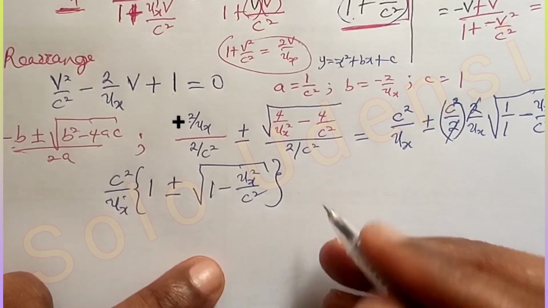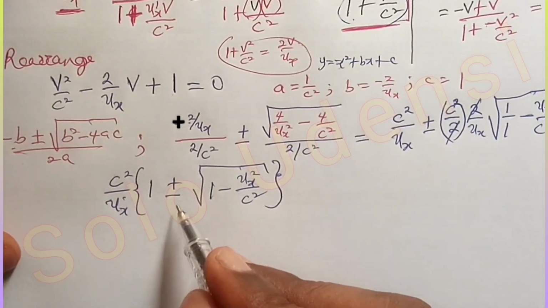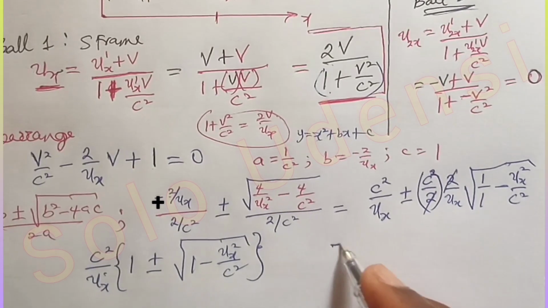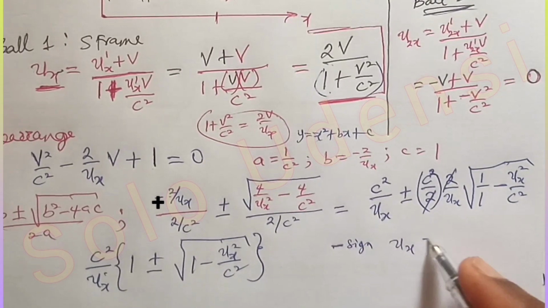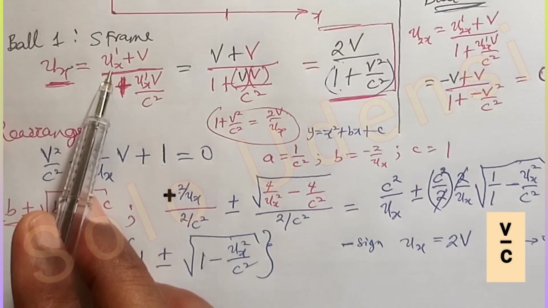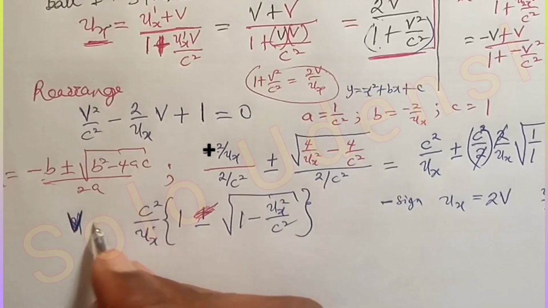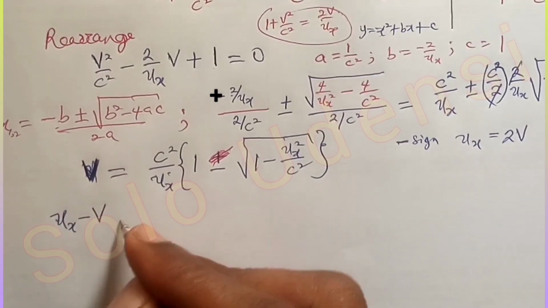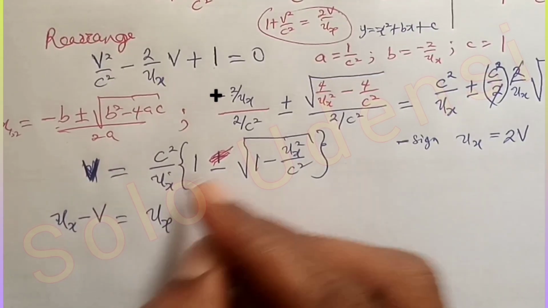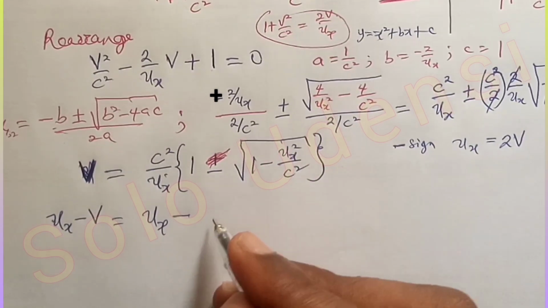So that's what we'll have, but we'll take the negative one, and if we take the negative sign, that's the only time ux will be equal to 2v. This guy will be 2v, is equal to that. Ux minus v is equal to ux minus the left hand side.